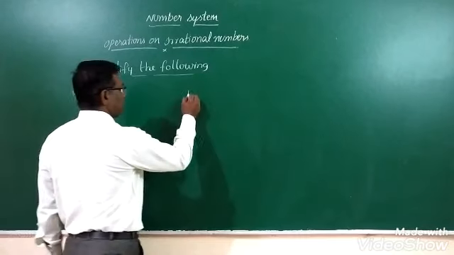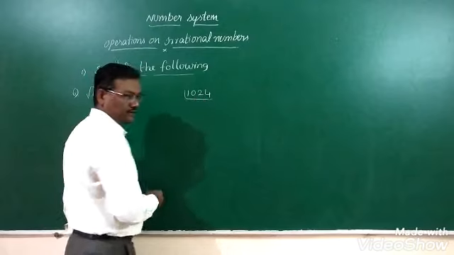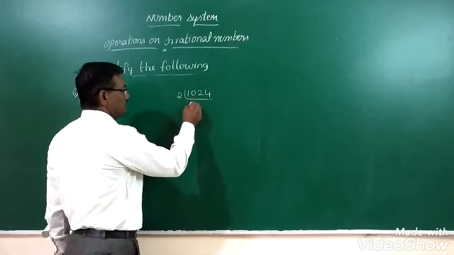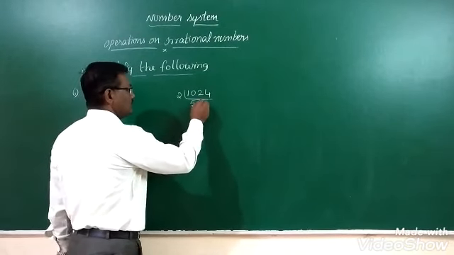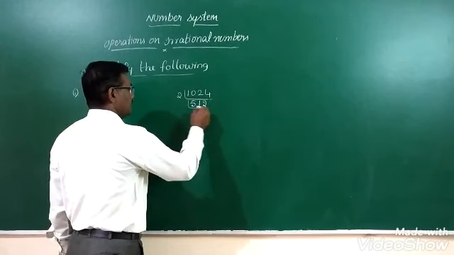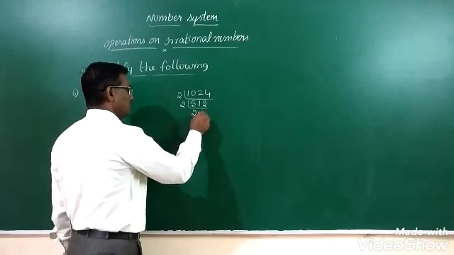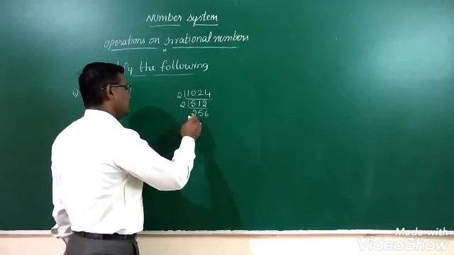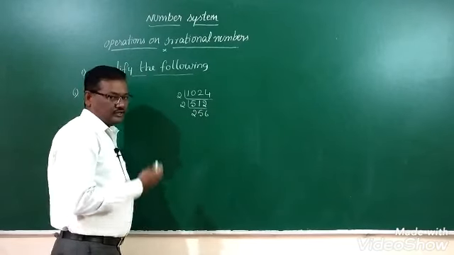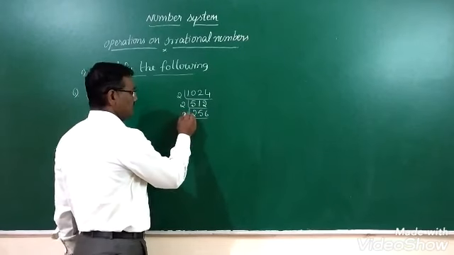See, observe here. 1024: we simplify. 2 5s are 10, 2 1s are 2, 2 2s are 4, 2 5s are 10, 2 6s are 12. 256 is a perfect square. If you know it, well. Otherwise, we continue the process.